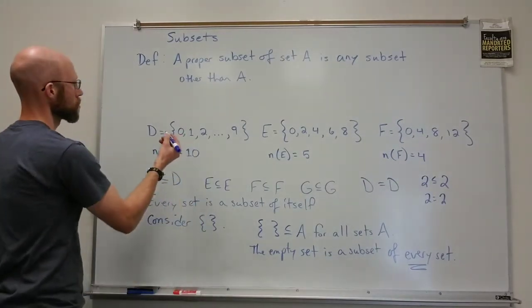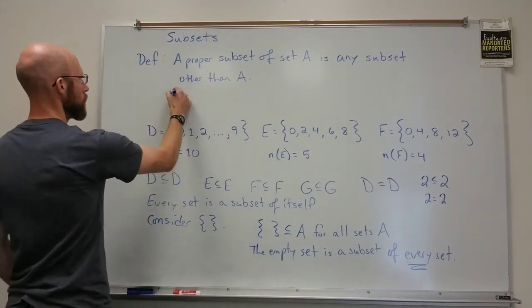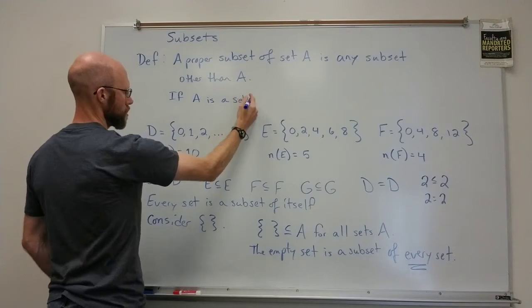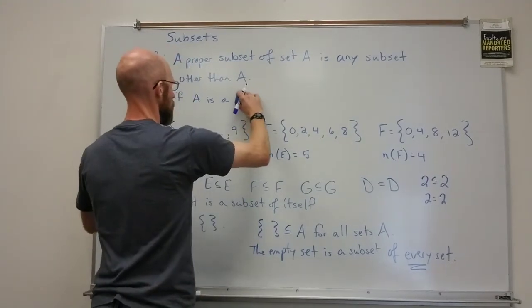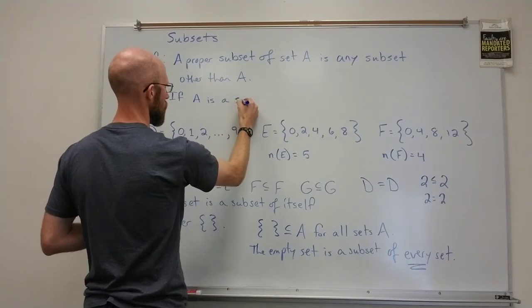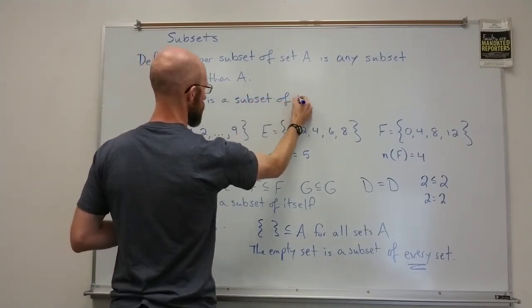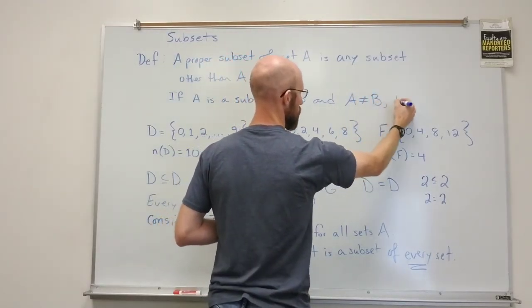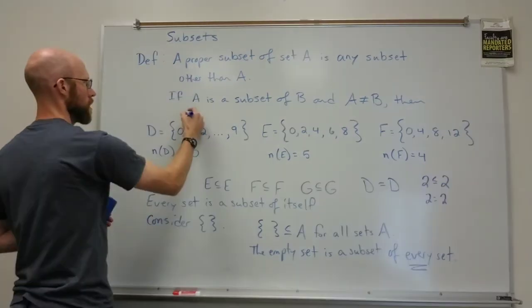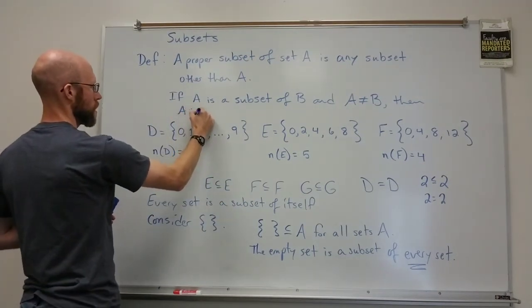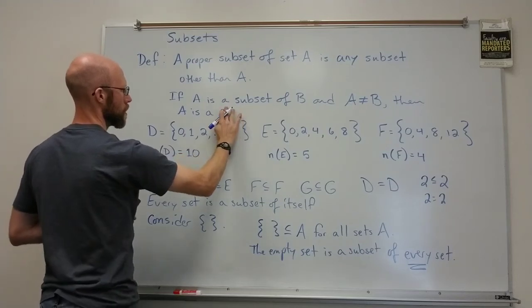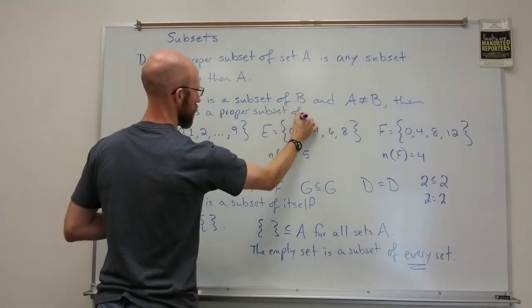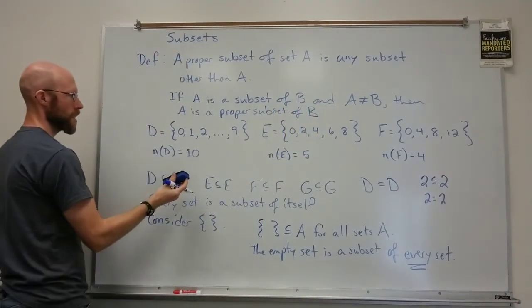We could say equivalently, if A is a subset of B, and A is not equal to B, then A is a proper subset of B.